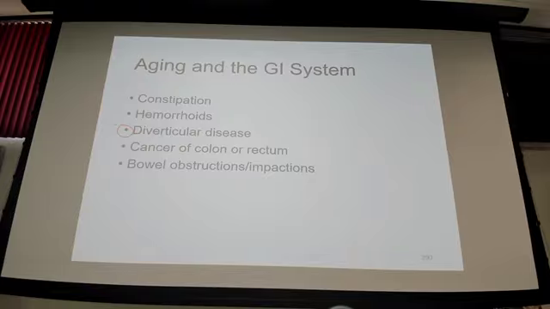So almost universally in an older patient, you will see these outpouchings from chronic overpressure in the lower intestine, right? Oftentimes they're incidental. If the patient doesn't have any issues with them, you don't have to do anything until they have an infection or inflammation. So that's very, very common.